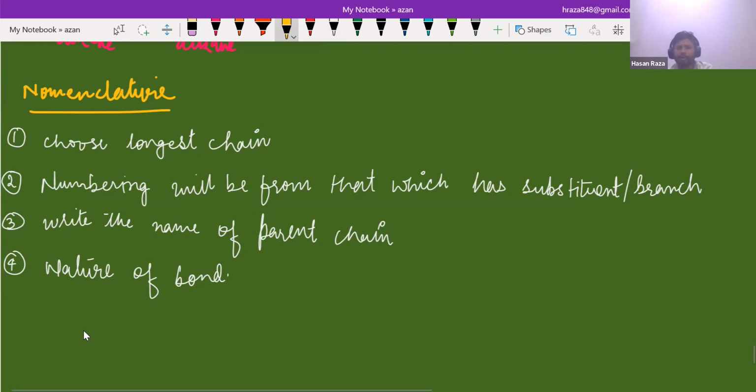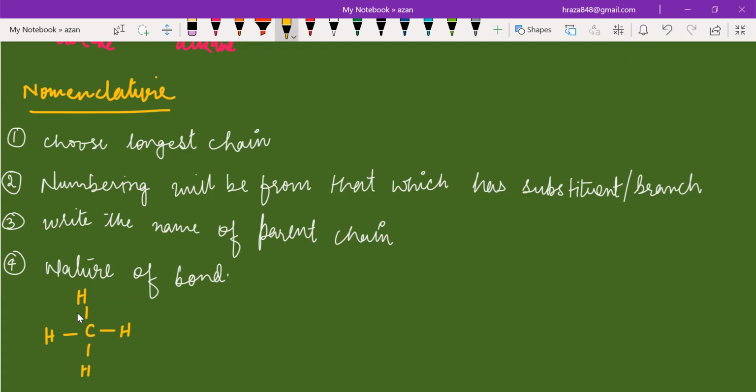If I am going to put this, first you need to recognize in this small molecule whether it is alkane, alkene, alkyne. What do you think? What is it?